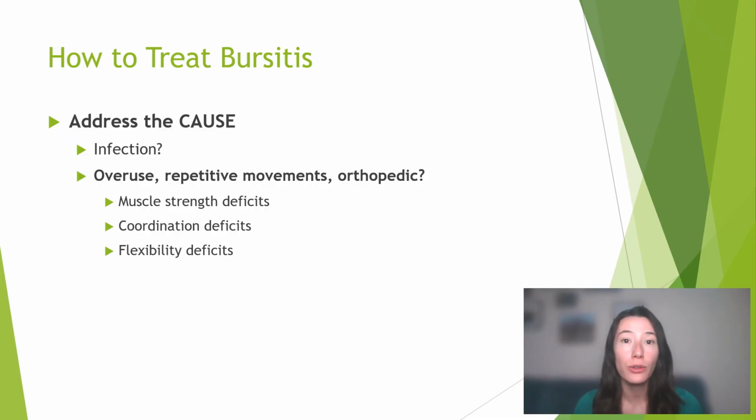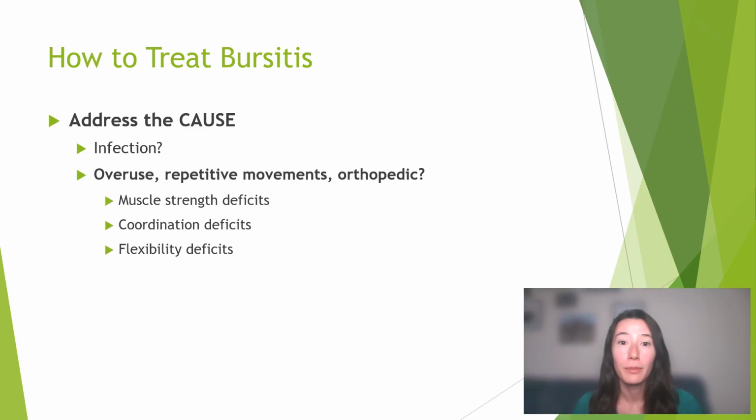If those muscles are not strong enough, what happens is that every time I lift my arm, those muscles aren't helping with reducing the amount of friction or the amount of stress or the amount of force that that bursa endures. So the idea is we need to strengthen the surrounding muscles of that bursa so it can help to reduce the amount of stress, reduce the irritation that that bursa feels.